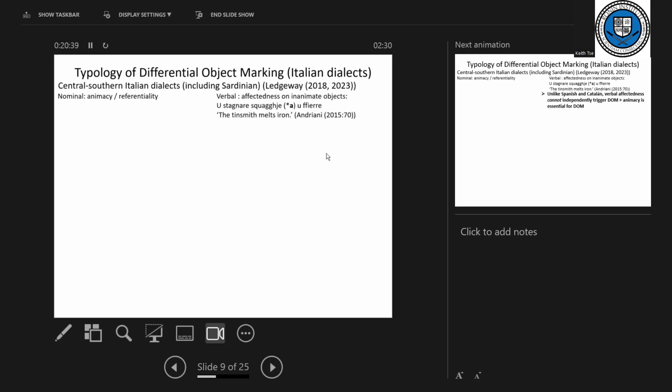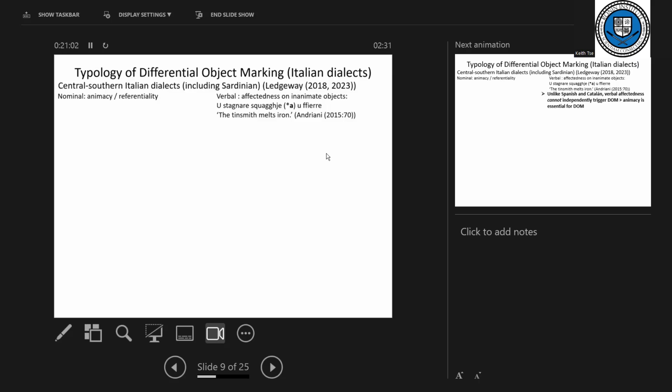The interesting thing here is that all the analyses of DOM in Italian dialects assert animacy. The idea is that inanimate objects can never be marked by am, even if the noun is highly affected. So, for example, this example in Barese, provided by native speaker Gigi Andriani.